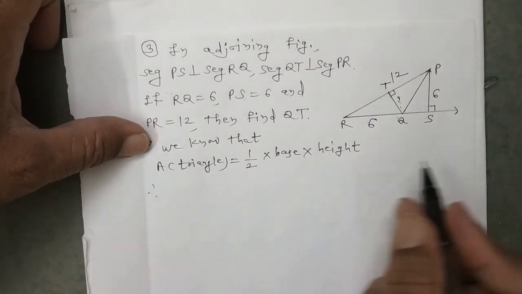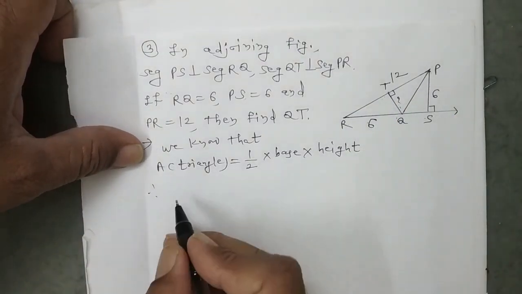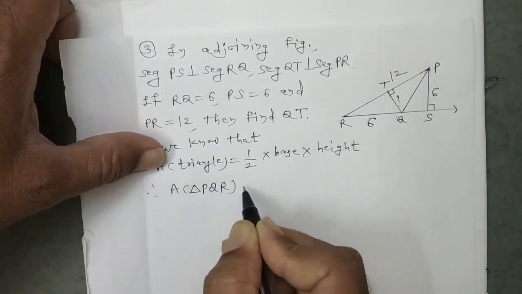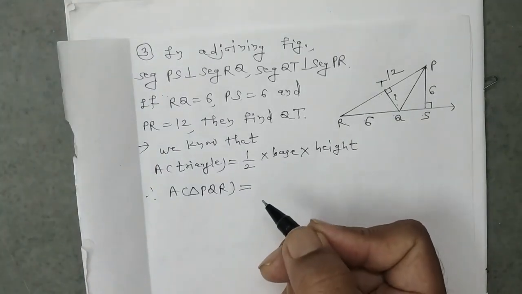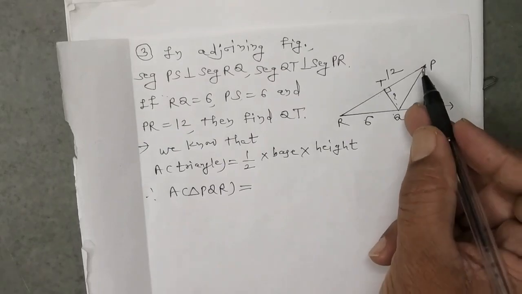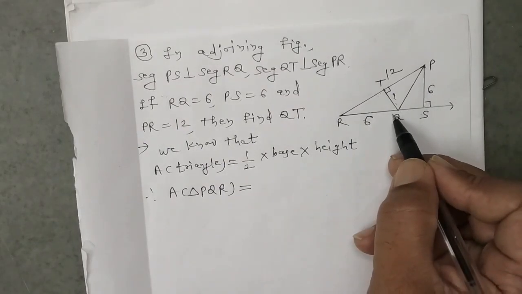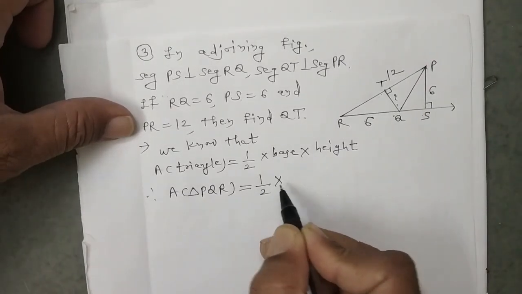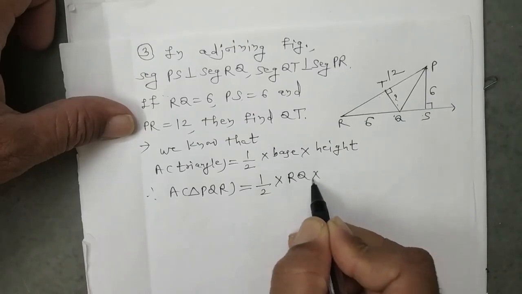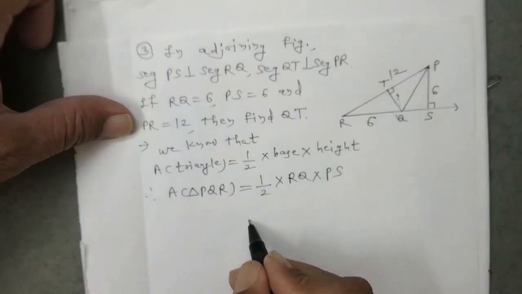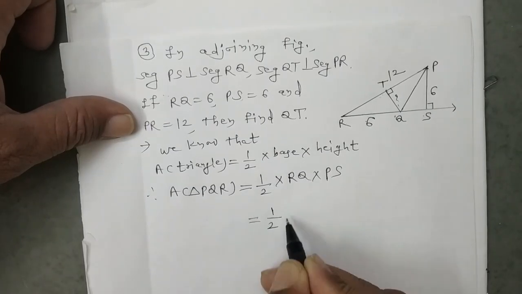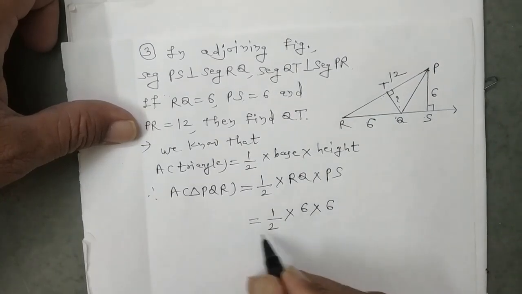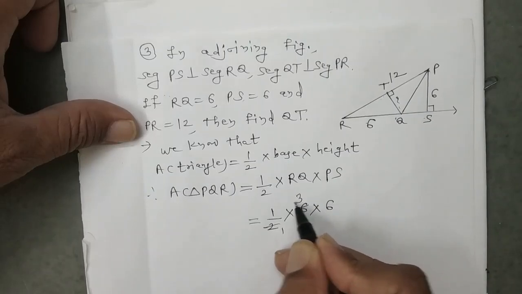Therefore, here area of triangle PQR is equal to, now here we consider for triangle PQR, base is RQ and height is PS, that is 1 upon 2 into RQ into PS is equal to 1 upon 2 into value of RQ is 6 into PS is 6, dividing by 2, 3.